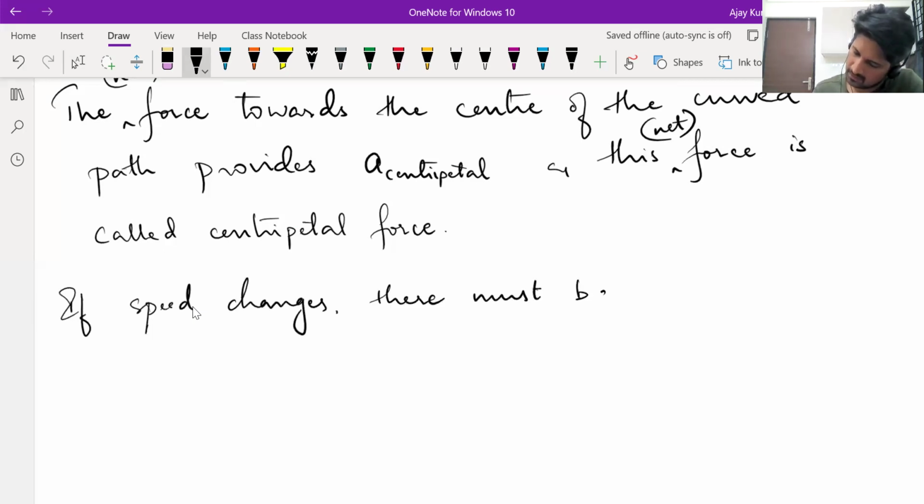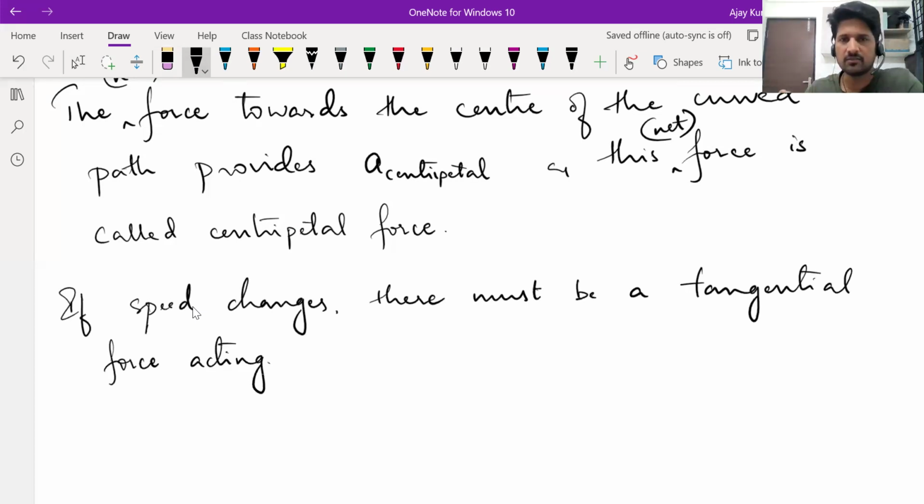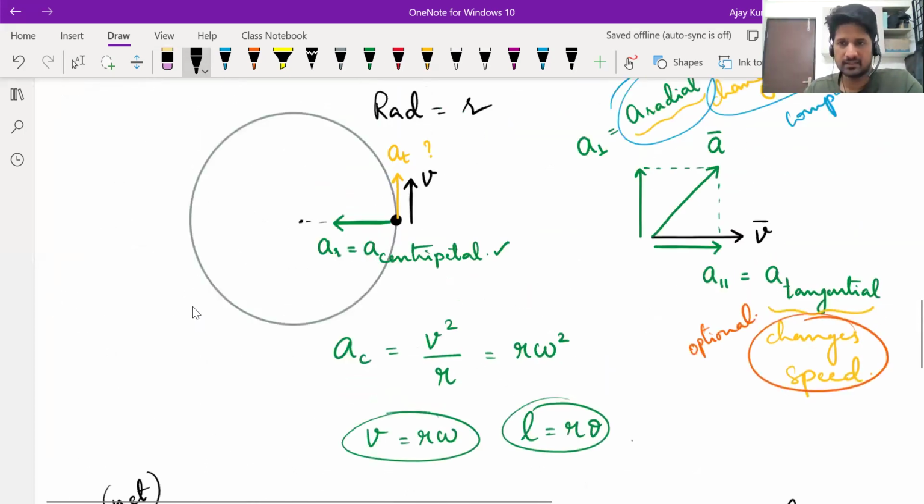Next, if speed of the object changes, there must be a tangential force also acting. Tangential force gives tangential acceleration. Now see, tangential acceleration changes speed.